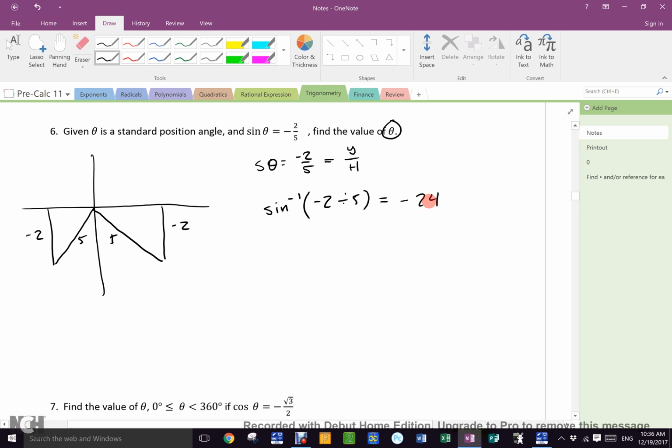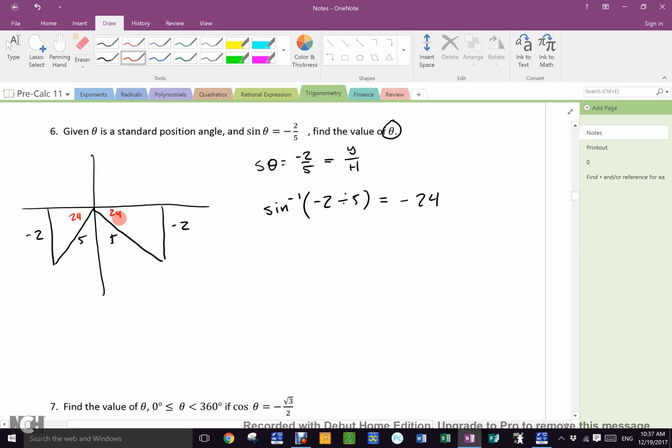If this is giving me 24, where in this diagram is 24? It is the what? No. It's the reference angle, right? Where are the 2 reference angles? 24 and 24, yeah?